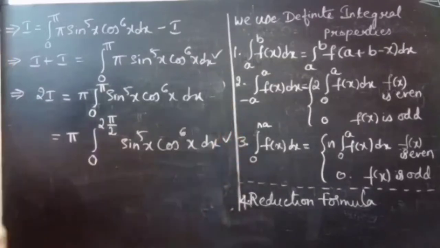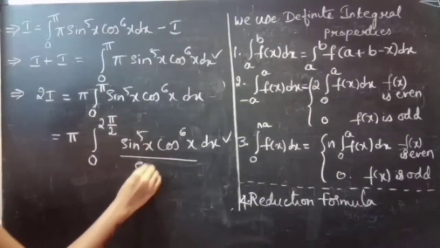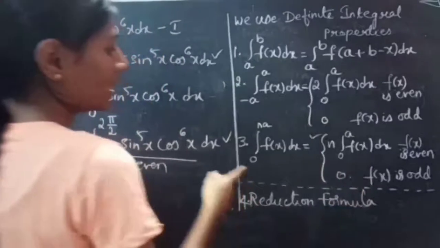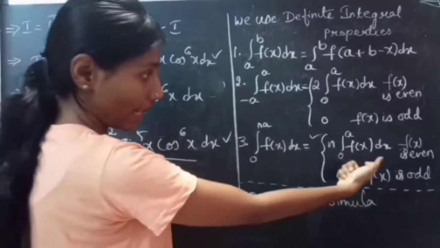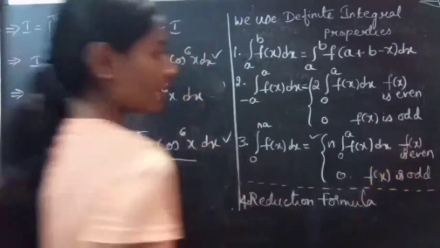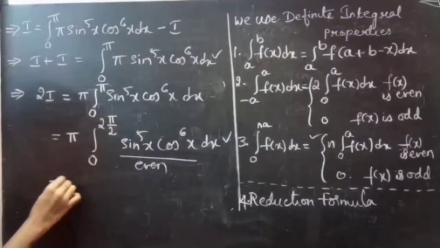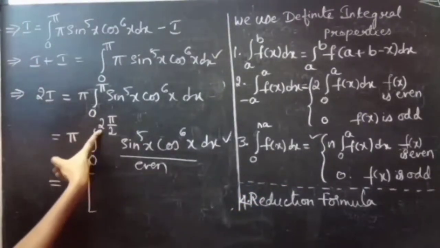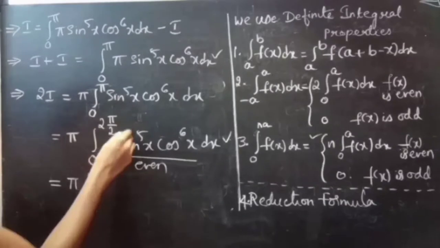So we'll use the third property. Since our integrand is even, we'll use the first formula. Integral from 0 to na f of x dx equals n into integral from 0 to a f of x into dx when f of x is even. In the place of n you are having 2 and in the place of a you are having pi by 2. And this is your f of x.